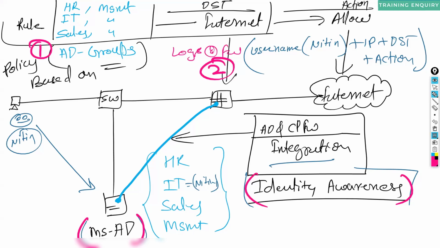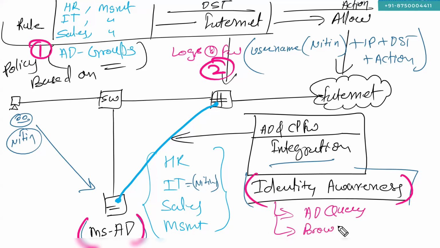In identity awareness, the method can be of two types. First is called AD query, and the second implementation type will be browser-based authentication. So what is AD query?